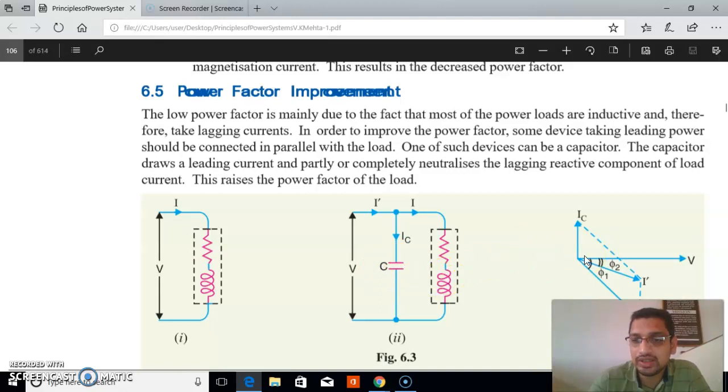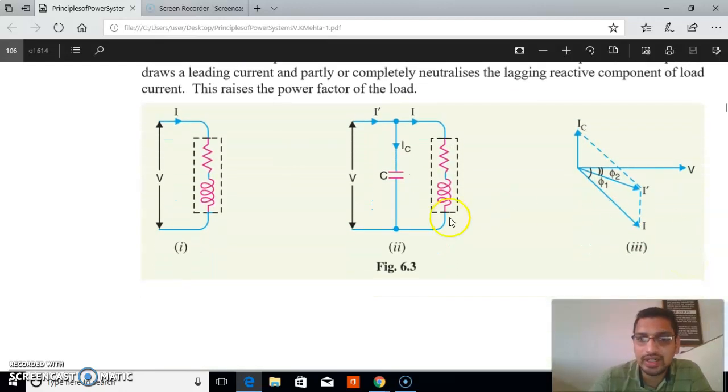Now we look at the phasor diagram. Initially, based on figure 1, we first draw the voltage as a reference. In both circuits V is the voltage, it's common. Then from the first circuit, we draw the load current I. I is the load current in circuit 1, and it is the load current in circuit 2 also.